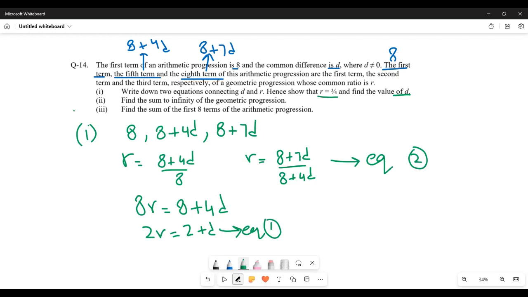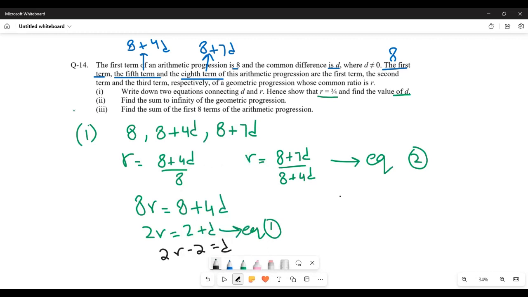How will we do it? And 2R minus 2 equals D, and then substitute. Let's see, that would work. Let's try it. It seems like a quadratic equation is forming. 2R minus 2 equals D, that's what you're saying. Let's try substituting it there.